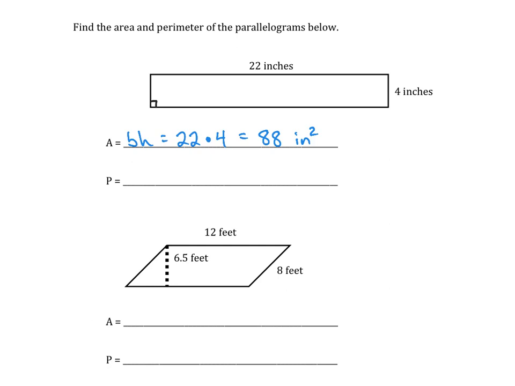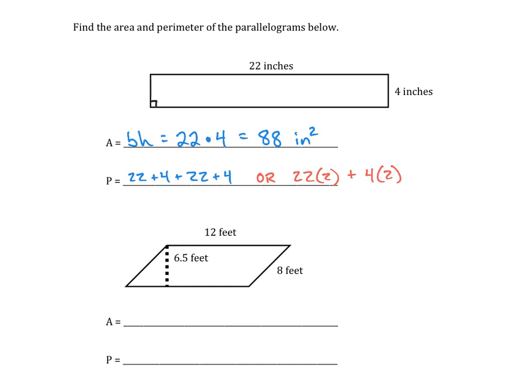Okay, the perimeter, that's the distance around. So it's 22 plus 4 plus 22 plus 4. Or, and I'm going to write this in a different color, you could go 22 times 2, because there are two sides that are 22 inches, and add that to 4 times 2, because there are two sides that are 4 inches.